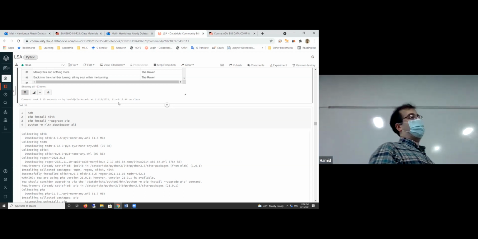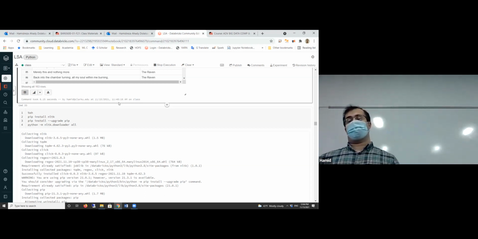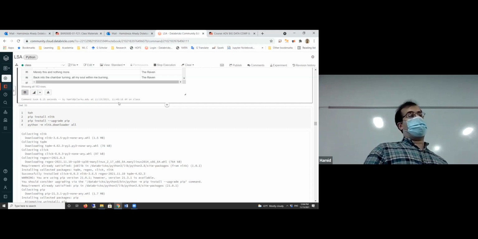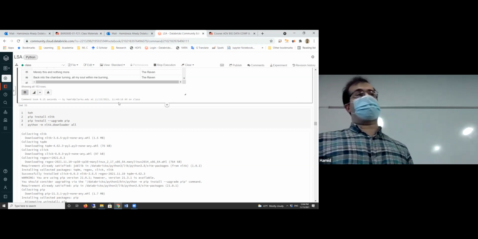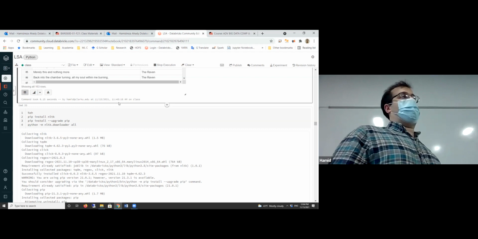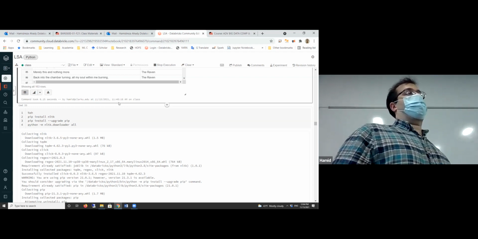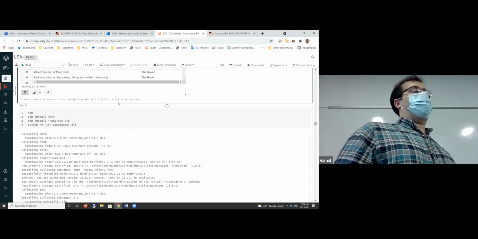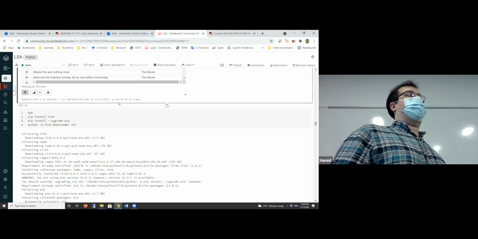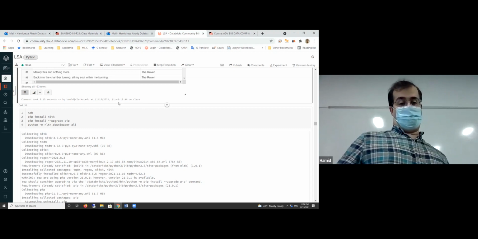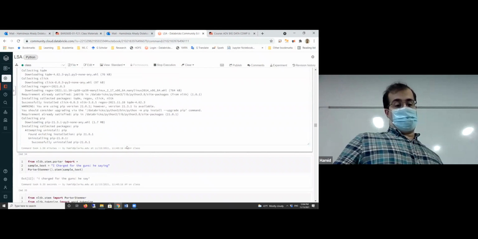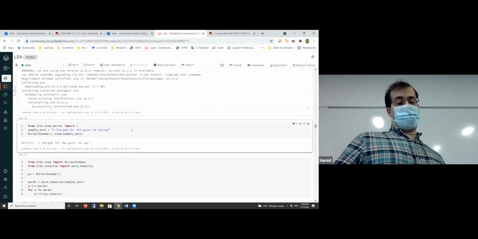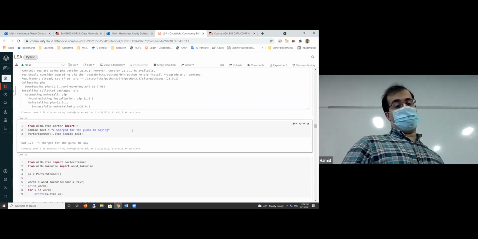Just keep in mind, every time you make a Databricks node, you have to install the package, because this package is installed over a specific instance, not your whole Databricks account. It might take like 1 or 2 minutes, so I wait for all of you to install the package.